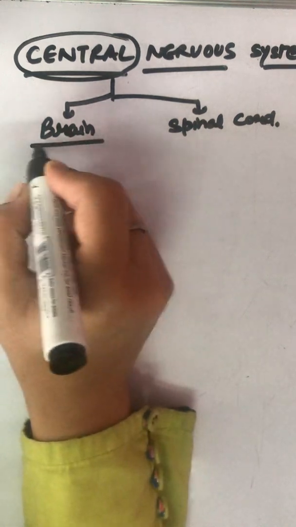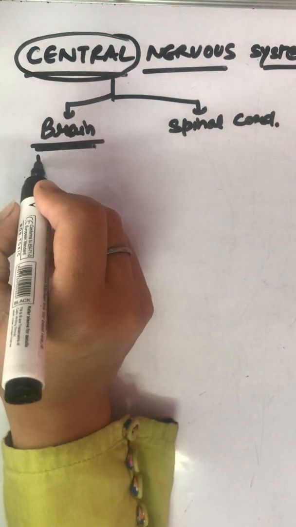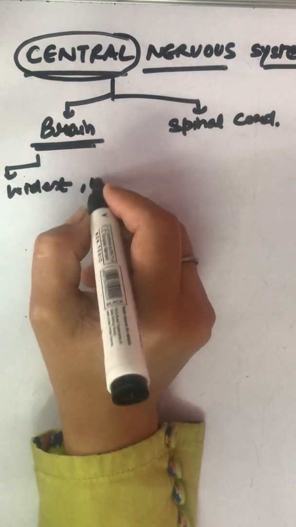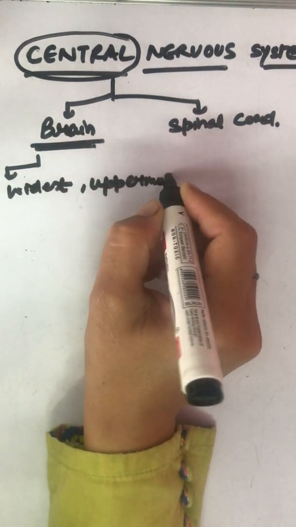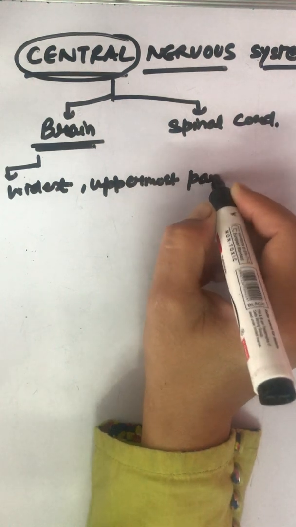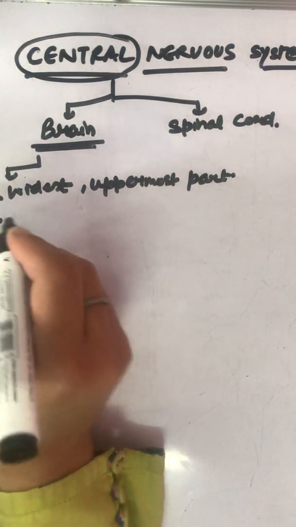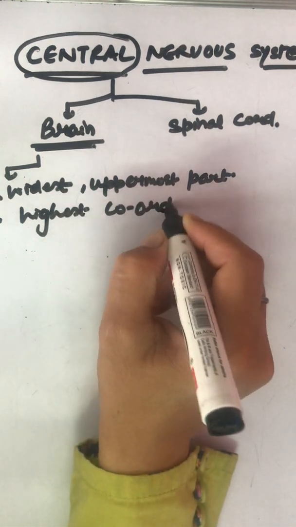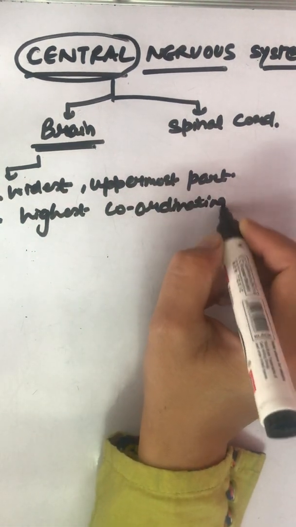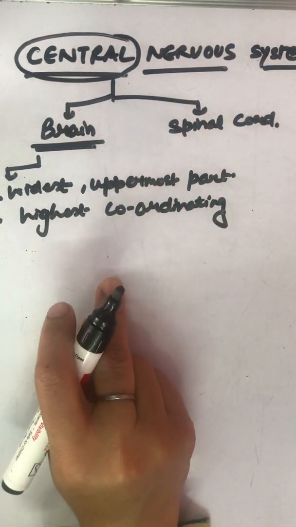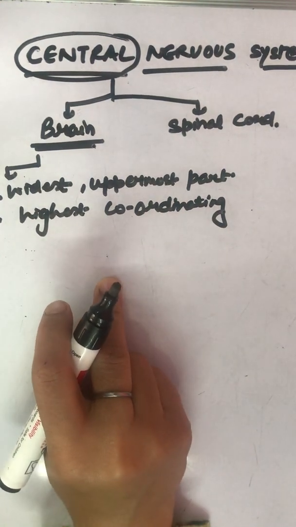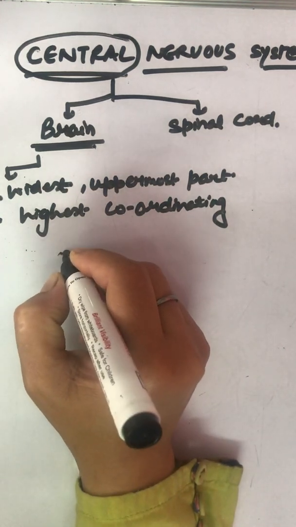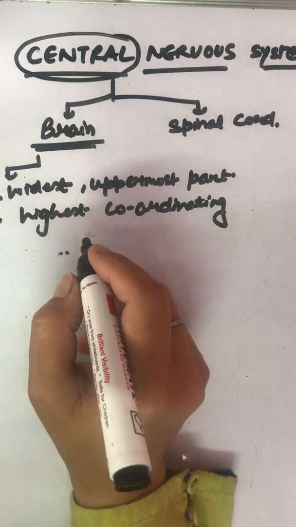What is the brain? Where is it situated? It is the widest and the uppermost part, the highest coordinating center of the body. It is situated in a cavity of the skull in the head region, and the cavity in which it is located is called the cranium.